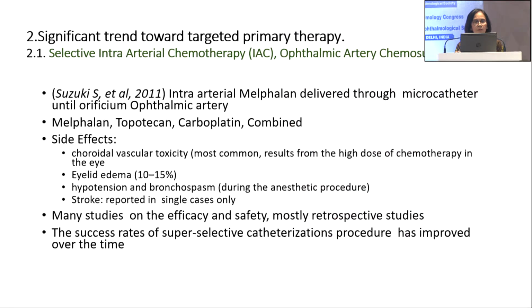Two approaches have been reported. One is IAC or OAC, selective intraarterial chemotherapy. We know that this procedure was developed quite a long time ago by Suzuki, the Japanese doctor, who introduced intraarterial melphalan delivered through a microcatheter directly to the ophthalmic artery.